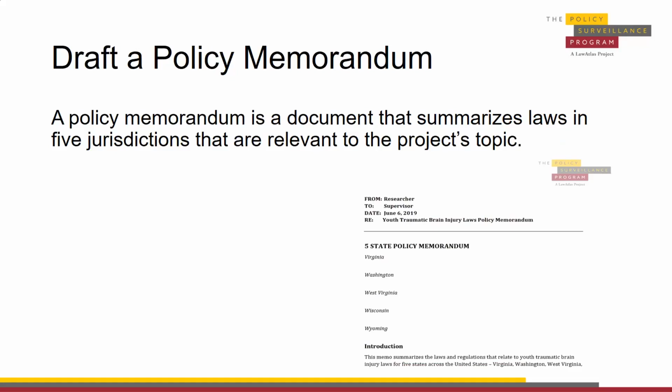Another important note here, just an aside, is that throughout this example and throughout a lot of our discussion of policy surveillance, we are using state statutes as an example, but you have to remember that legal mapping can be done at any level. That can be at the local level. You can talk about jurisdictions as different counties within a state, or different townships and cities within a county.